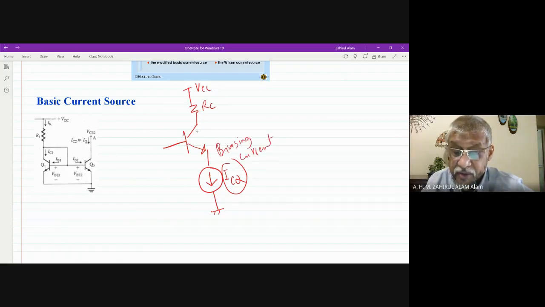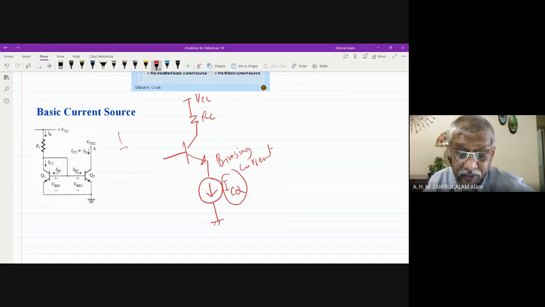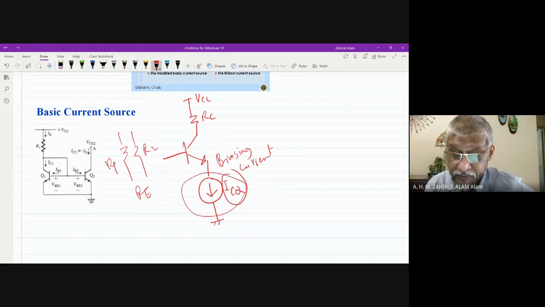If this current source provides the biasing current, then we don't need R1, R2, and RE, because we are providing the bias using this.